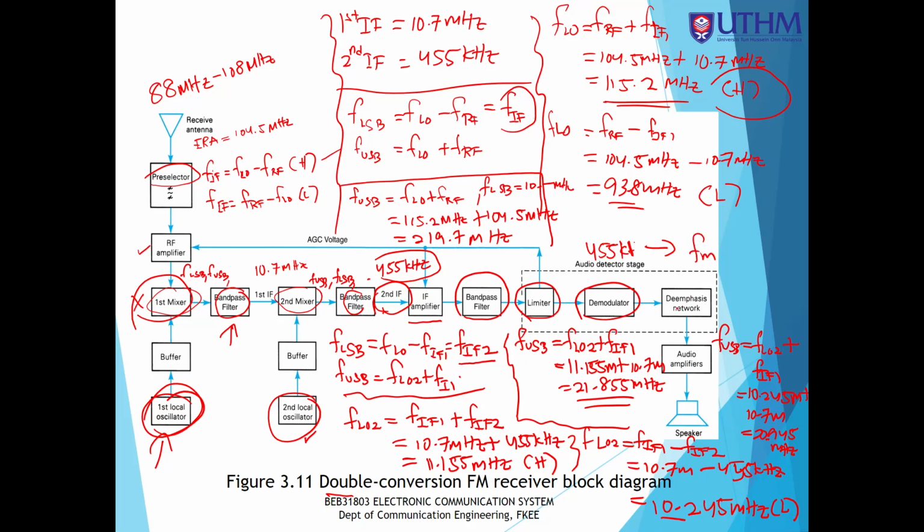For de-emphasis, we reduce the amplitude since we increased it at the transmitter, and then amplify the output, which goes to the speaker. We get the audio, which is FM.